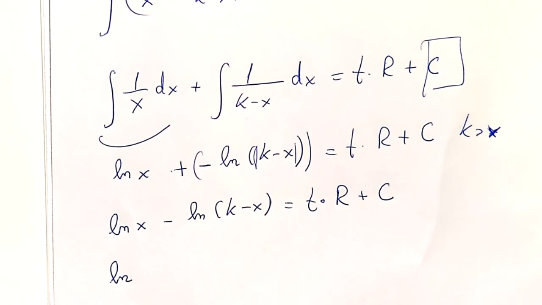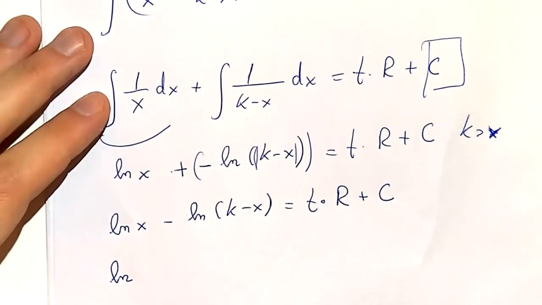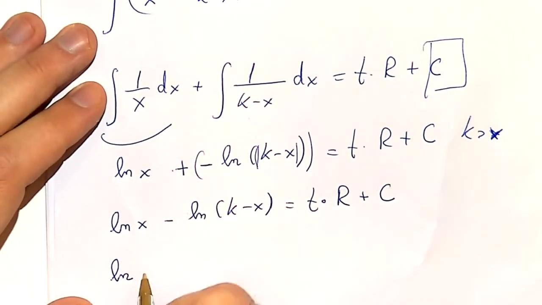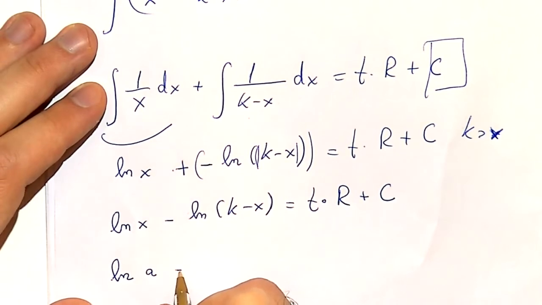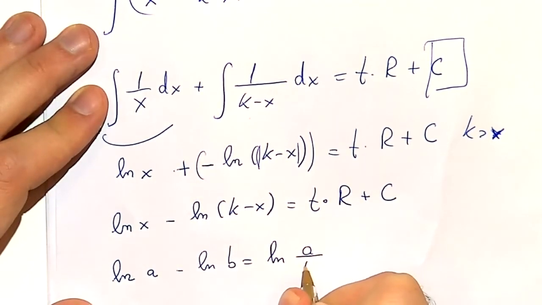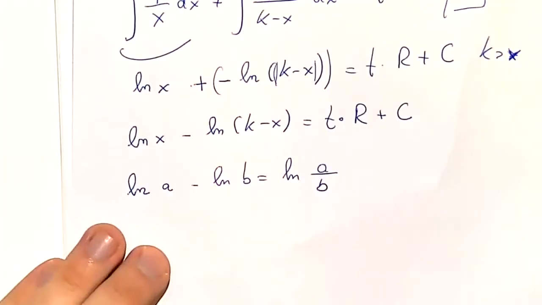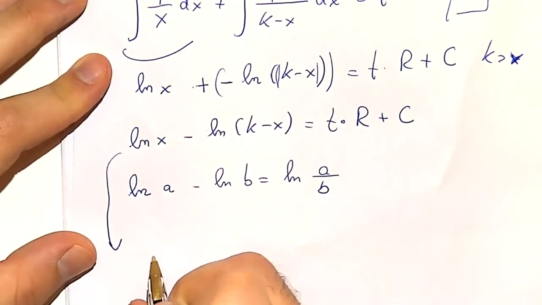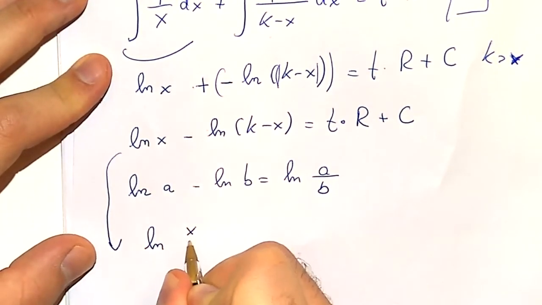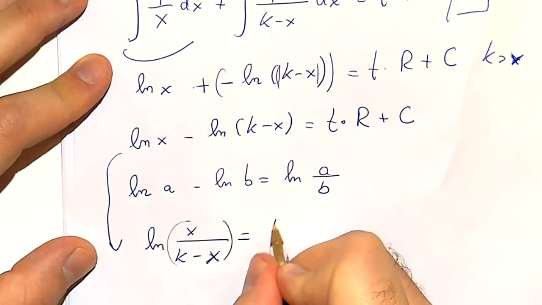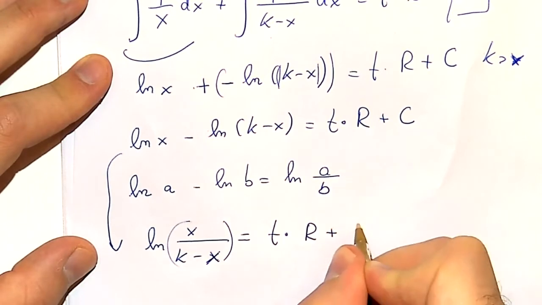Okay, I'm only going to look at that case. So using the formula, log of a minus log of b is equal to log of a over b, I apply it right here, and I get that log of x over k minus x is equal to t multiplied by r plus a constant.